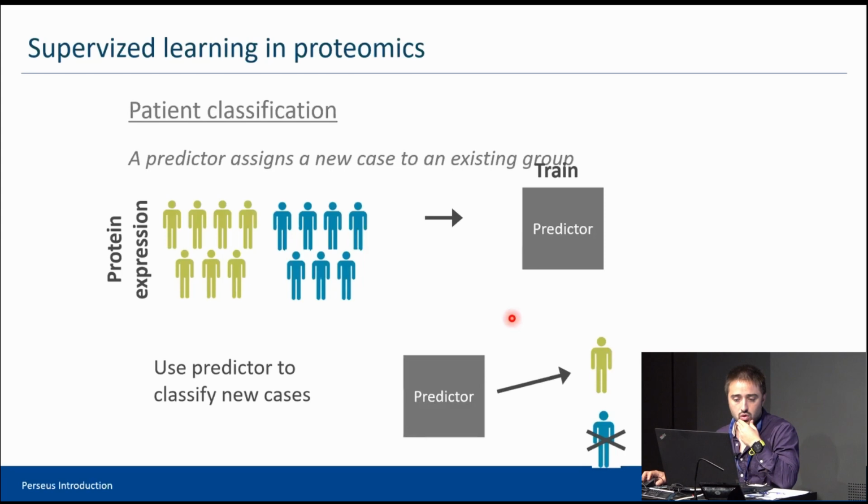Exactly. So this is the part of machine learning. What can you use machine learning for in proteomics? Let's say one use case will be, as we said before, you train a model that maps expression profiles to classes. They're like green or blue here in this case, and then you expect it to generalize well to unseen data.